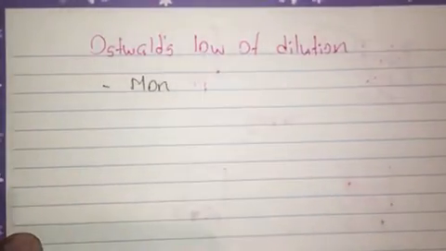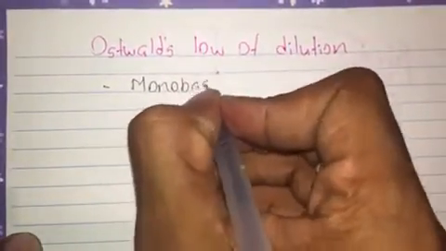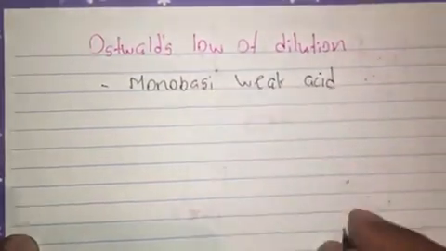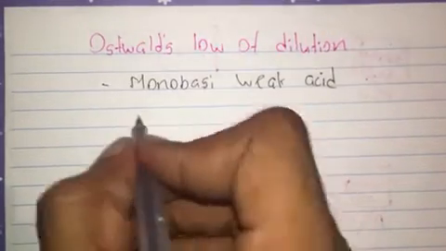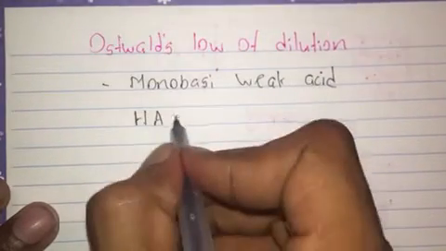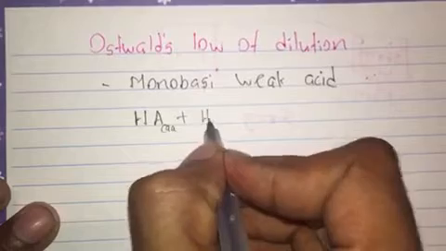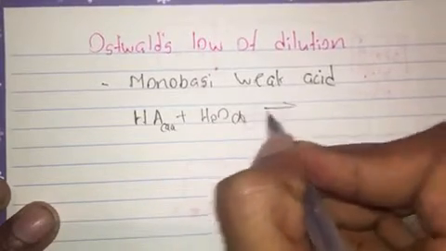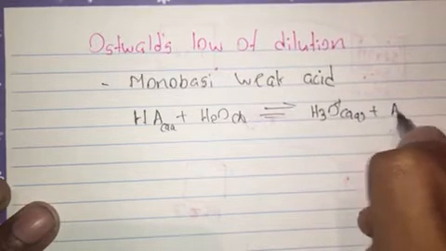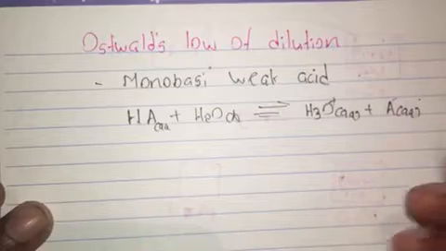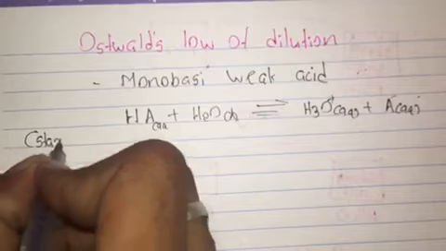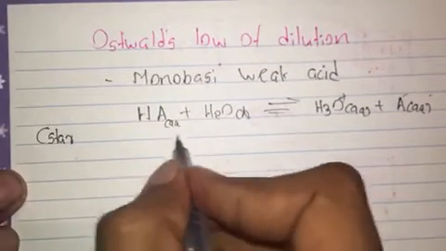We take HA, monobasic weak acid (aq), dissociating into H3O plus (aq) and A minus (aq). We use the starting concentration as C.